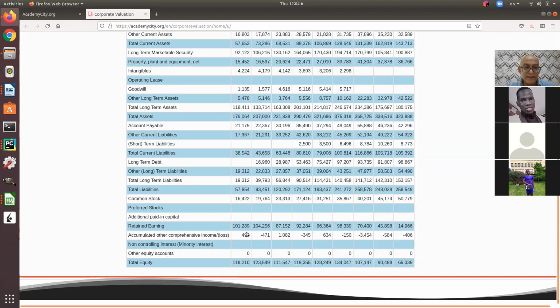Look at the retained earnings. Look at the common stock. Common stock did go up. So in other words, the company definitely issued more stock to the public.